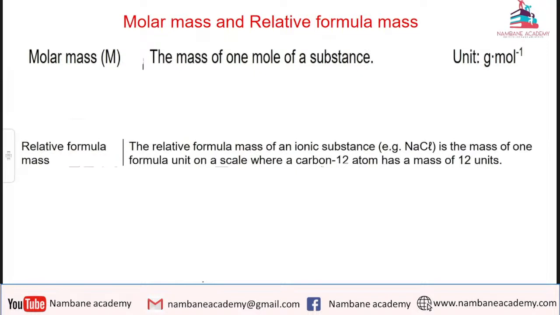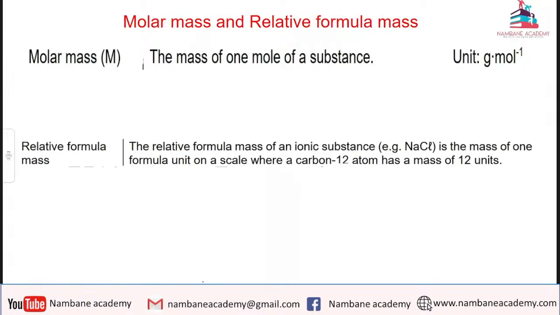Moving forward, it brings the concept of molar mass. I'm going to differentiate between a relative formula mass as well as the molar mass. So for molar mass, let's look into the molar mass of sodium chloride.